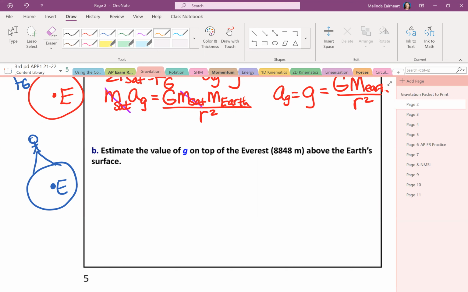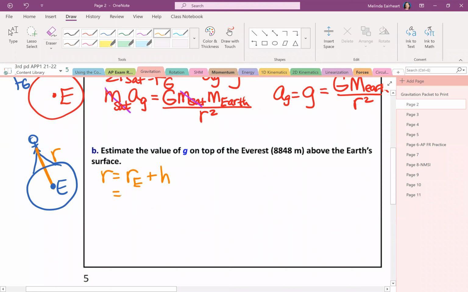Don't worry about my 1 meter above the top of Mount Everest. So it's just this total. I'm not orbiting Earth, but it's a center to center separation. And so r would be the radius of the Earth plus whatever additional height above the surface of the Earth.